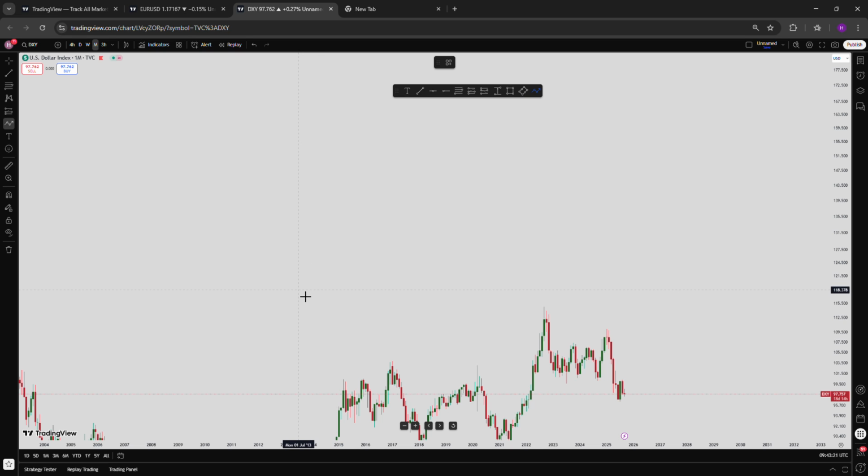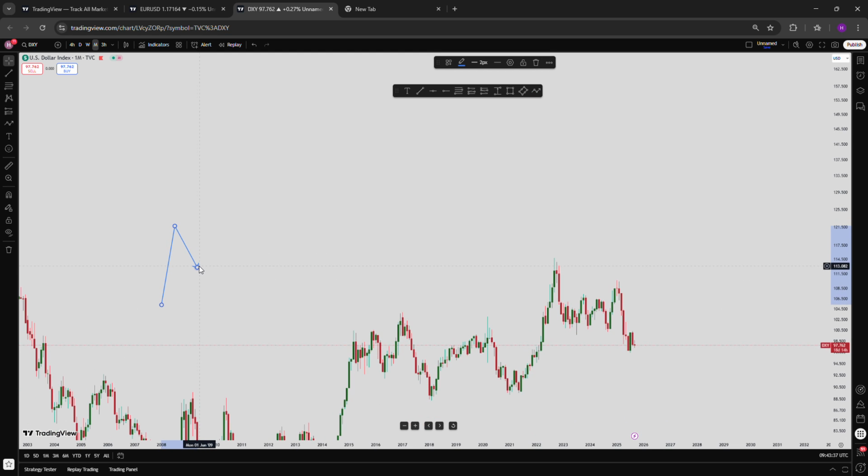How do we identify an uptrend? We identify an uptrend by higher highs and higher lows. What do I mean? This is a higher high, this is a higher low, right? Let me do this again. This is a higher high, this is a higher low.